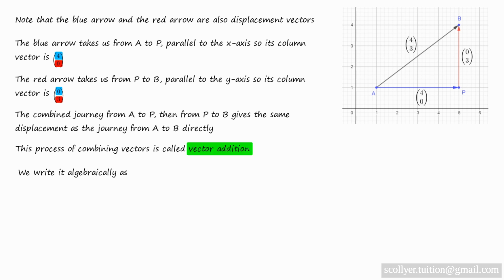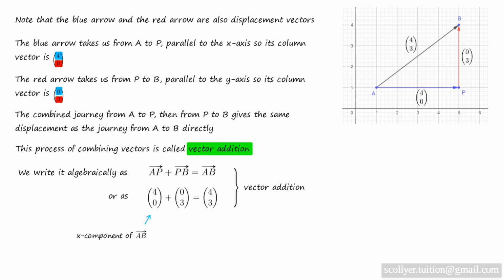We can write this process as AP plus PB equals AB, or as 4, 0 plus 0, 3 equals 4, 3. 4, 0 is called the x component of AB, 0, 3 is called the y component of AB, and 4, 3 is called the resultant, which means the result of adding the x and y components.